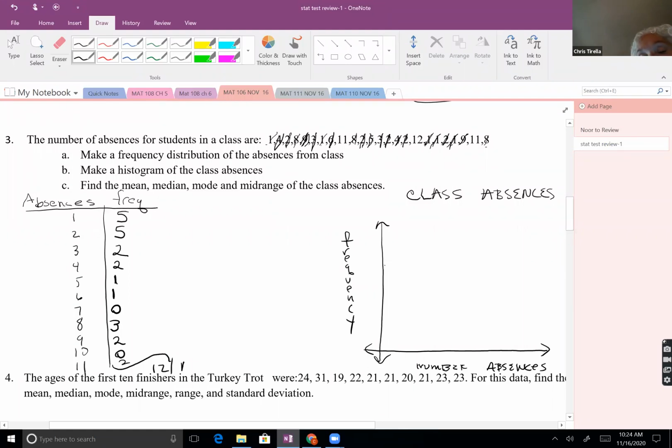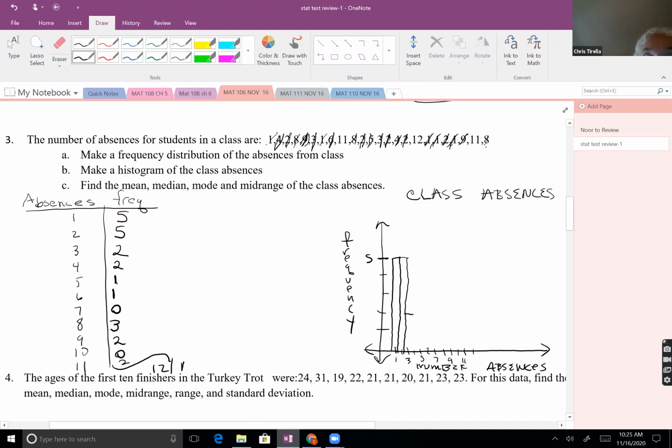Highest frequency is 5. And my absences will go from 1, 2, 3, 4, 5, 6, 7, 8, 9, 10, 11, 12. And so above 1, centered at 1, we'll have a bar with a height of 5. Above 2, we'll have a bar with a height of 5.